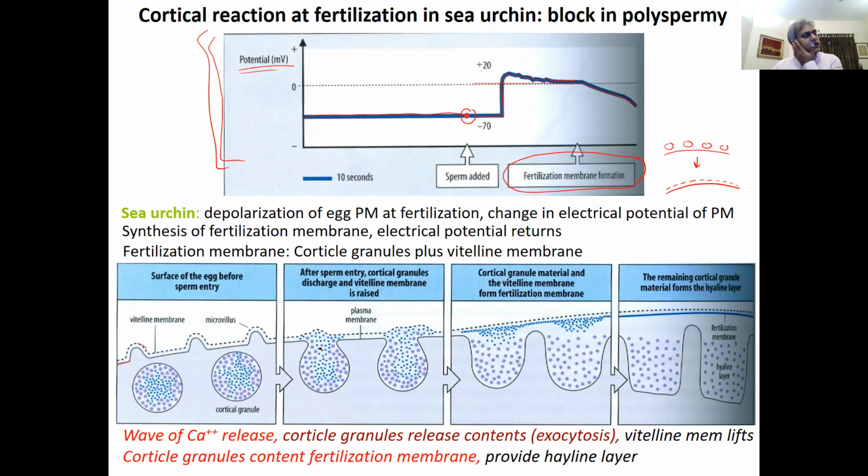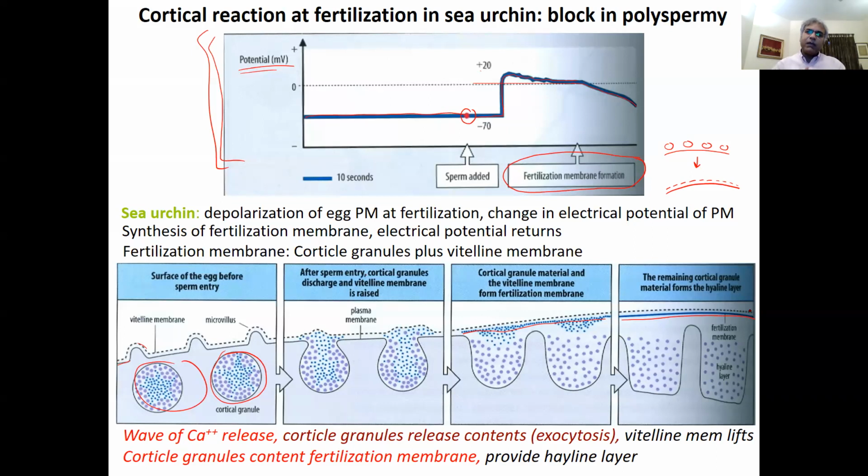But you can see, after the calcium ion release, which is an evidence of fertilization, these cortical granules are exocytosed through the process of exocytosis. Instead of residing within the cell, they are moved outside the cell, and between the vitelline membrane and the plasma membrane, you can see these cortical granules. They are arranged in such a way that you have a membrane-like structure, which is called fertilization membrane.